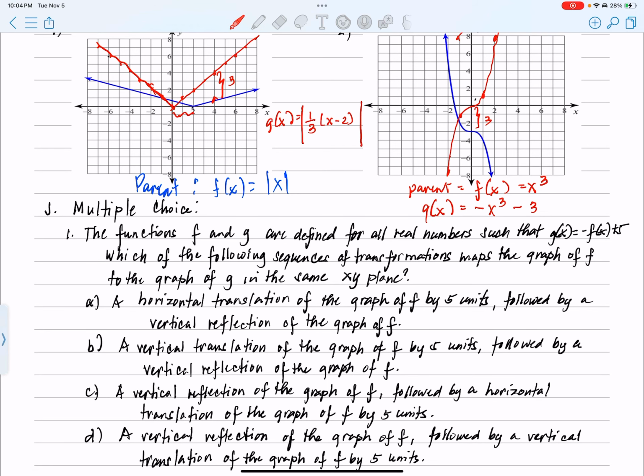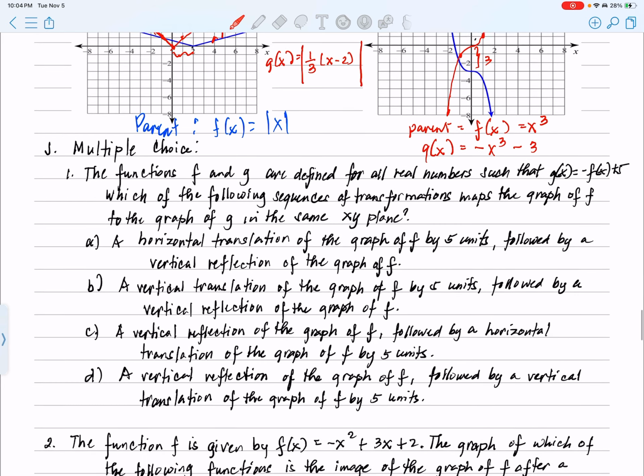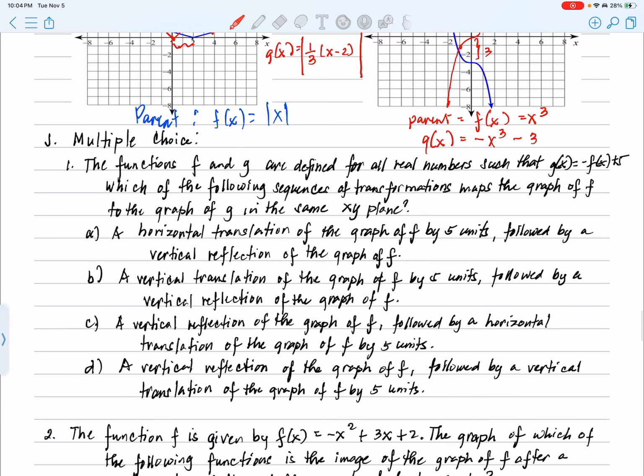The functions f and g are defined for all real numbers such that g of x is negative f of x plus 5. So there is a reflection, and a vertical translation, up and down. Okay.